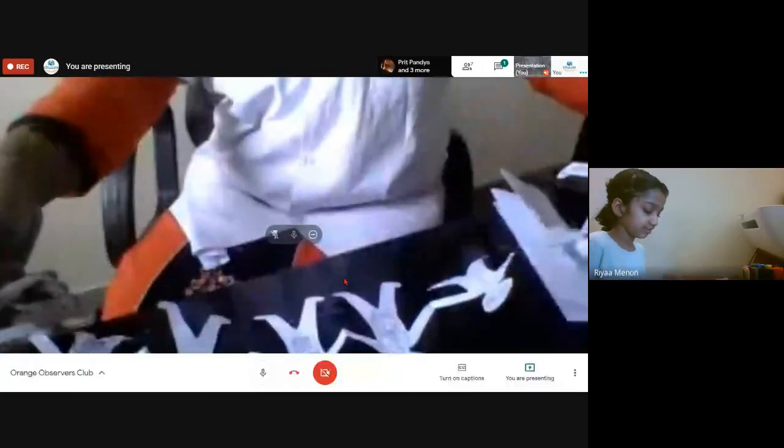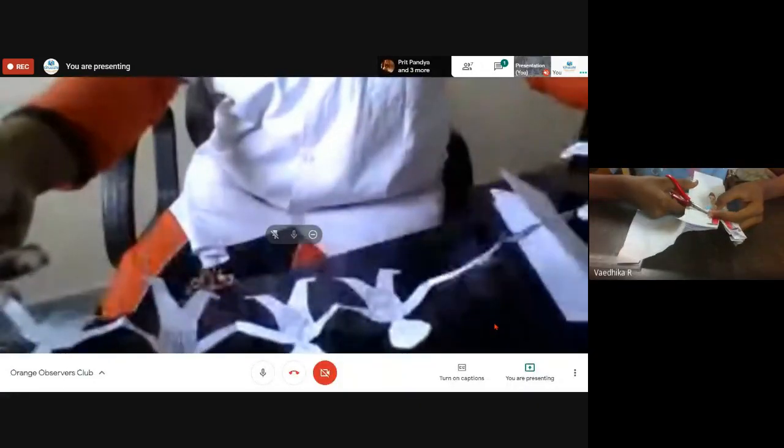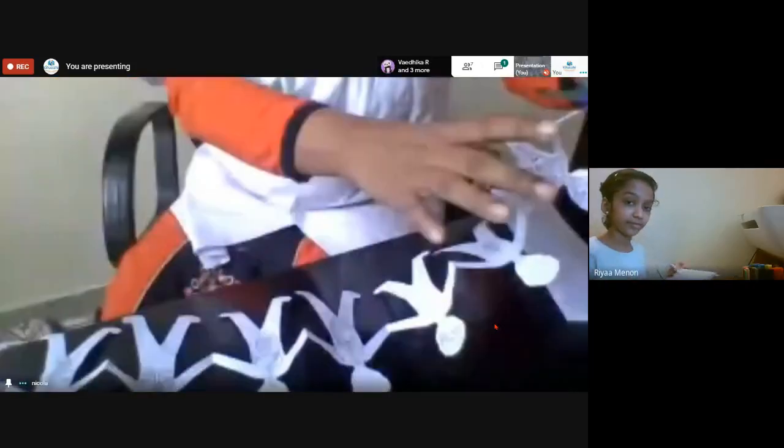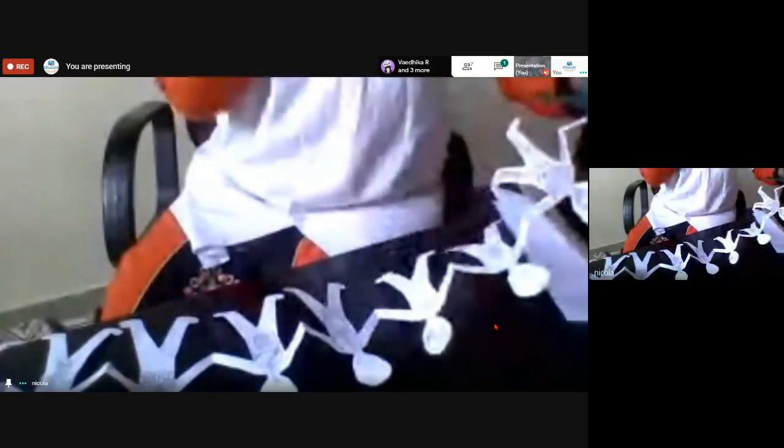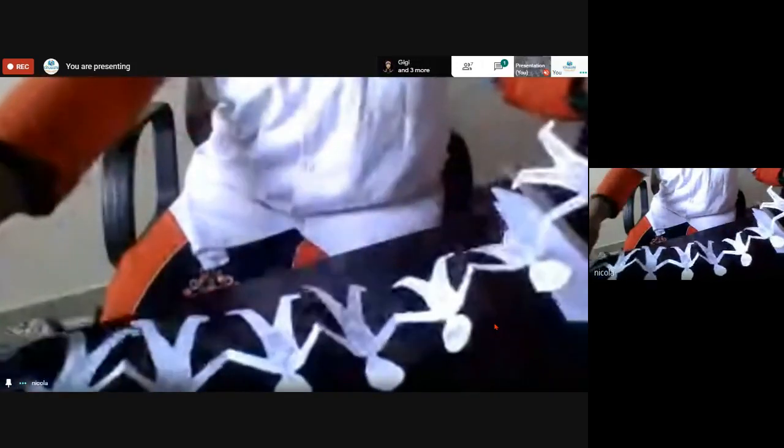Can you all see it? So it will all be joined together, and then every part should have an organ system.